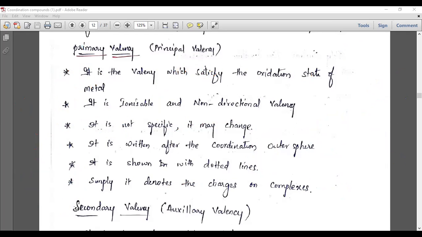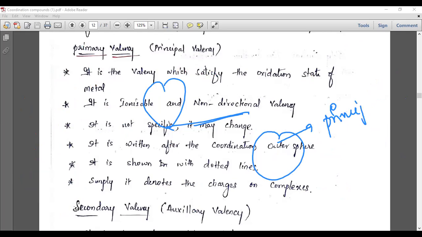This is K3 and here Cl3, and they are also called principal valency. You should understand these things here.